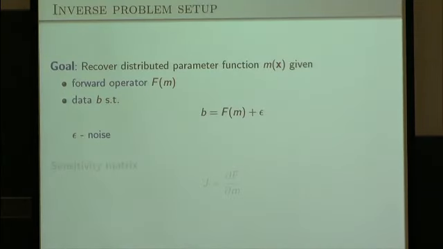So let me introduce the notation that I will use for the inverse problem. The particular EIT or DC resistivity problems are inverse problems that fit into this framework. The goal of the inverse problem is to recover a distributed parameter function m of x, which would be the conductivity.